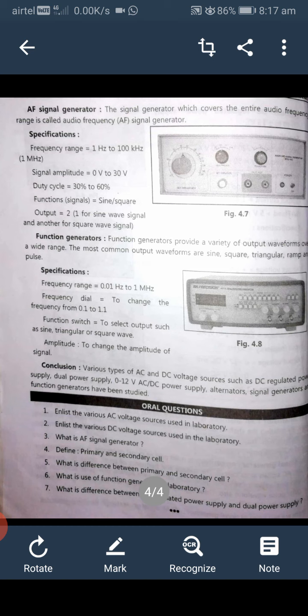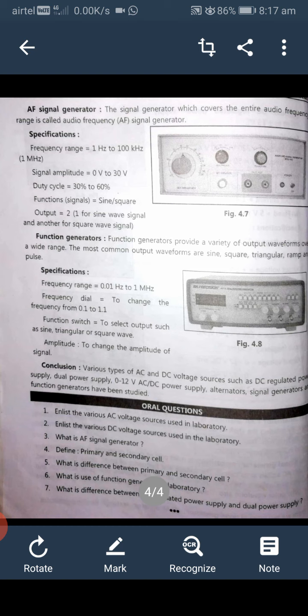Function generator. A function generator provides a variety of output waveforms over a wide range. The most common output waveforms are sine wave, square wave, triangular wave, ramp, and pulse. The diagram of function generator is given below.